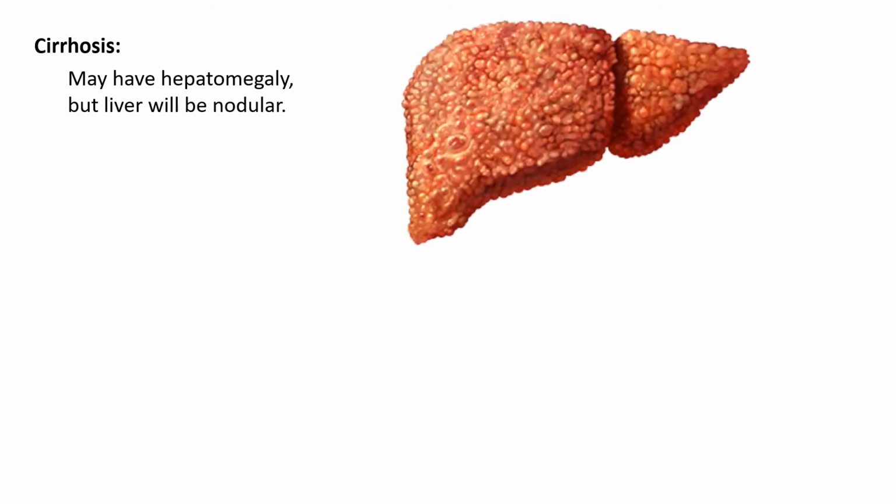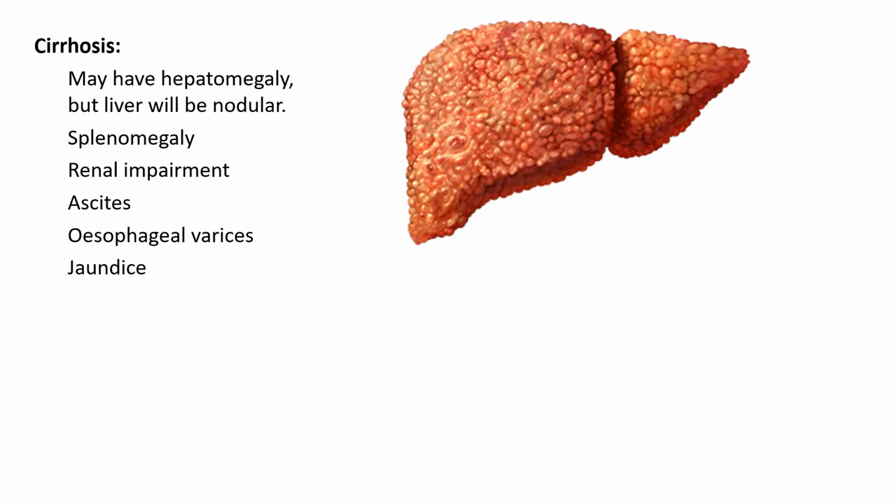Which brings us on to cirrhosis. Here we start to see some more significant signs and symptoms. There may be hepatomegaly. The liver might even shrink slightly, however, but it will be nodular. On palpation, it will feel nodular.